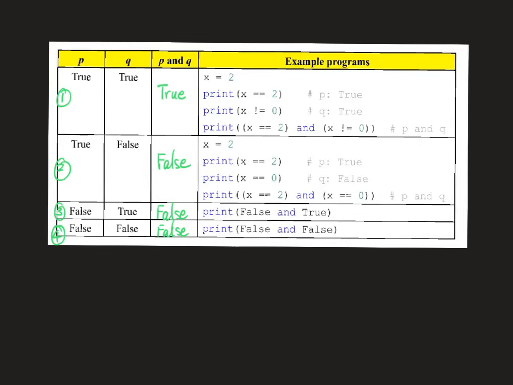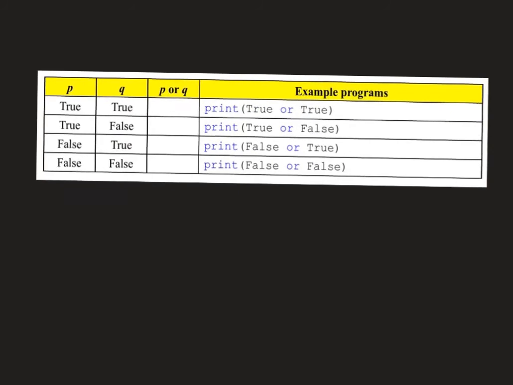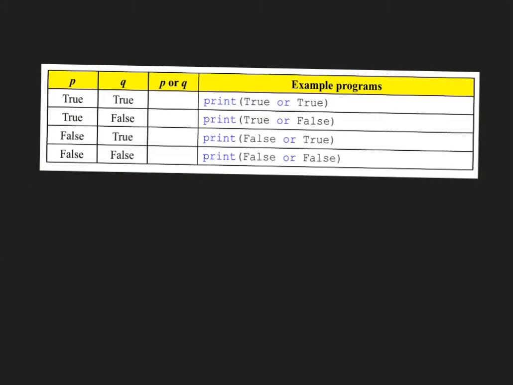After taking a look at the operator AND, we are now going to take a look at the operator OR. For the OR operator, if either one of the statements is true, it will result in true.